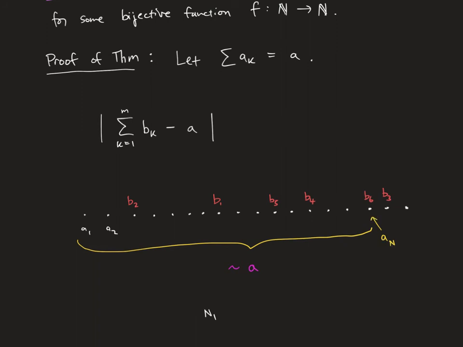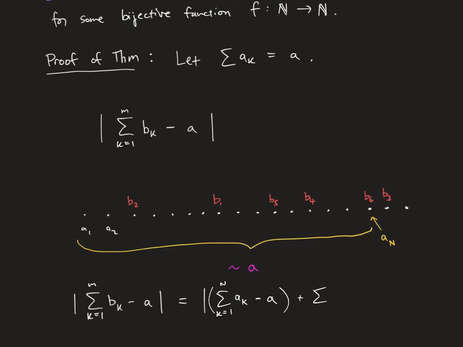So we can conceptualize this. Let's try to simulate a computation here. If we sum from k equals 1 to m the b_k's, where this little m is past the point where the b's are covering a1 through a big N, then I know that this sum of b's covers the sum of the a's from 1 to big N. And I know that's close to A, so I want to group that with A, and then I have a bunch of extraneous stuff.